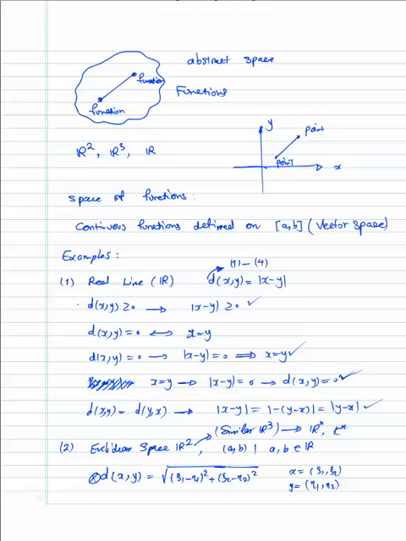In Rn, you will have the ordered tuples, the Cartesian product of R by R n times, and this is C by C by C n times, where each element has different parts, and each part belongs to the complex numbers.